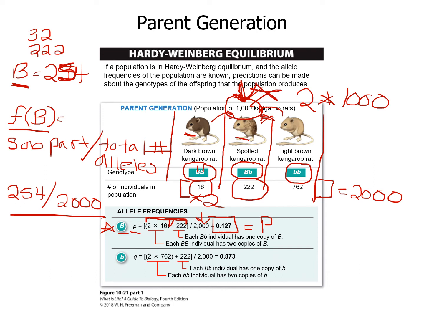Now, what you can do is you can do that whole process over and get the frequency for the recessive allele. So you just go through and, this sort of walks you through that process.